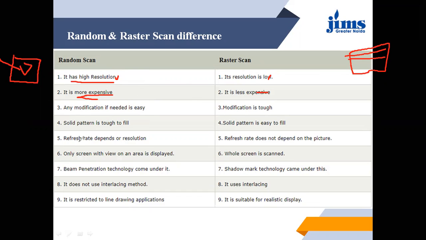In random scan, refresh rate depends on the resolution. Means whatever the resolution an image has, the refresh rate is based on that. Whereas it is not in the case of raster scan. As I told you, the image is displayed line by line, so in this the whole screen is scanned.